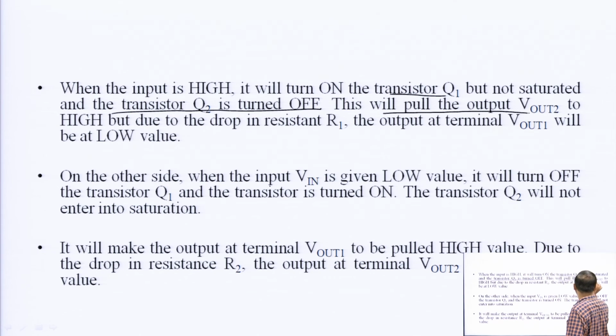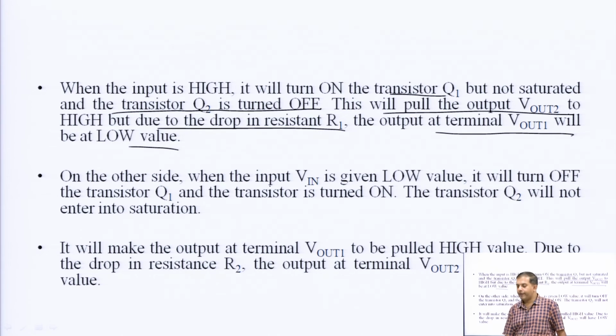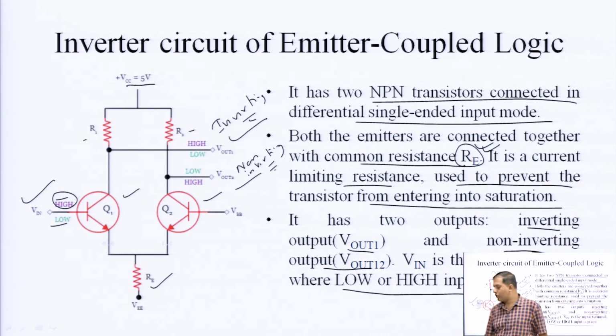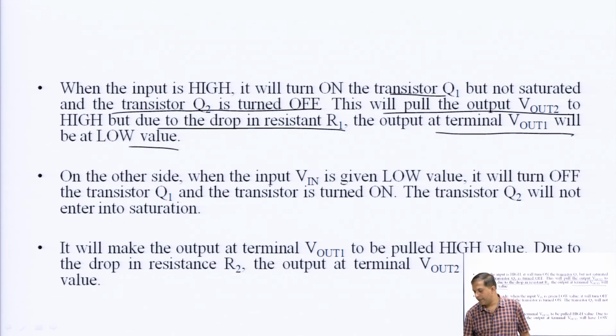This will pull the output V out to high due to the drop in resistance R1. The output of terminal V out 1 will be at the low value. That is why it is called inverting: here we have given 1, but the output we are getting is 0. So it is an inverted output, and that is why it is called the inverting output.